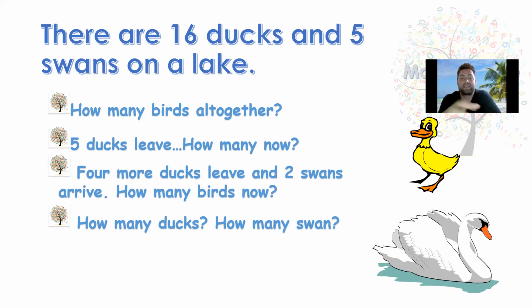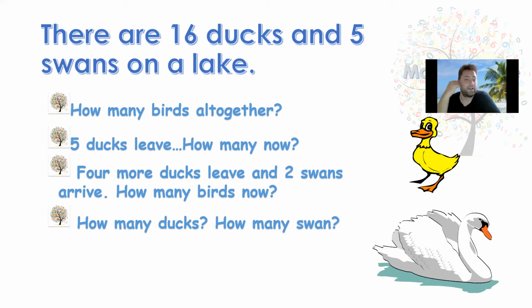Okay, so how many birds together? We've got 16 plus 5, that's 21. 5 ducks leave. How many do we have now? So 21 take away 5 is equal to 16. 4 more ducks leave. So let's take them away. We're now left with 11. 2 more swans arrive. Okay. So how many birds is that now?